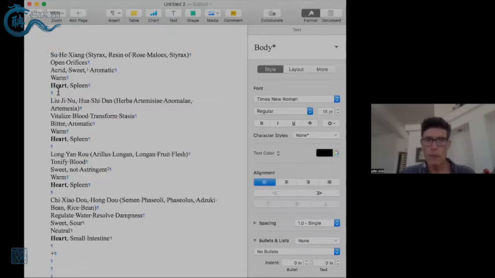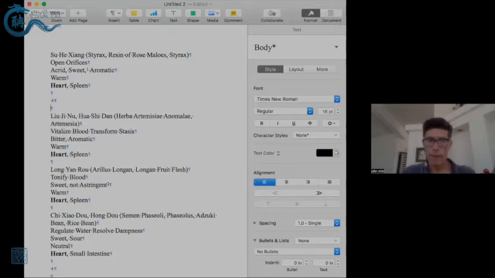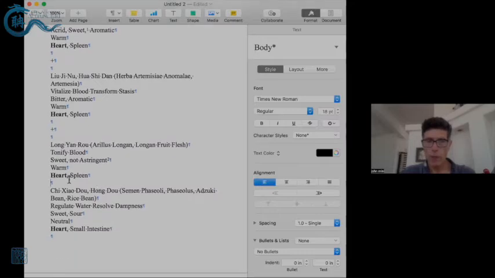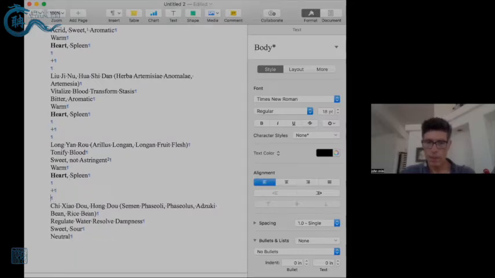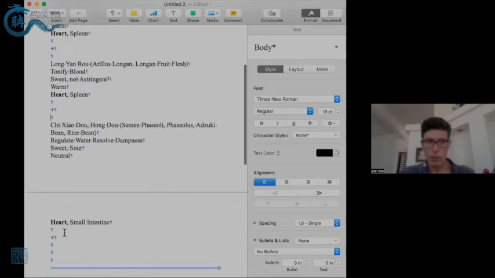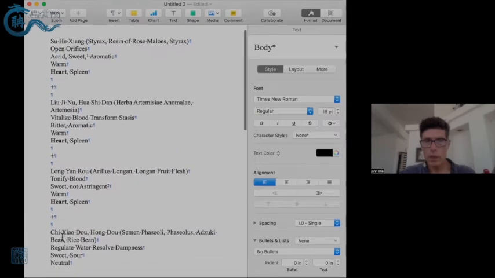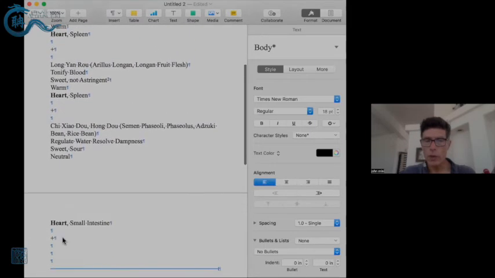Okay, so Su Hexiang plus Liu Jinyu plus Long Yan Rou. Look at all this heart spleen. Plus Chi Xiao Dou. Yeah? Su Hexiang, Liu Jinyu, Long Yan Rou, Chi Xiao Dou. Okay?